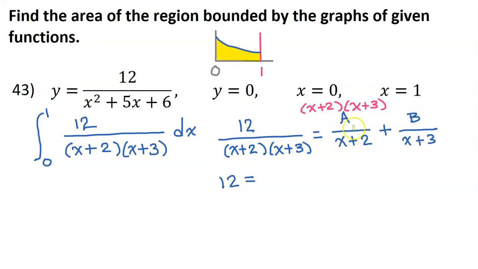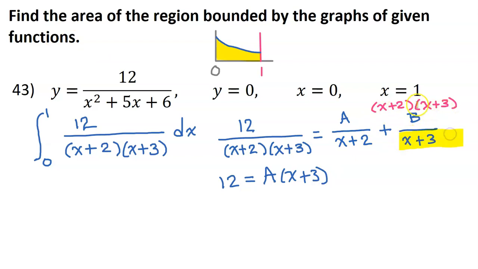If we multiply the middle term by the common denominator, the x plus 2 cancels out, and we are left with a times x plus 3. If we multiply the last term by the common denominator, the x plus 3 cancels out, and we are left with b times x plus 2.